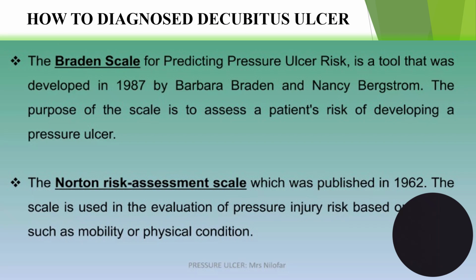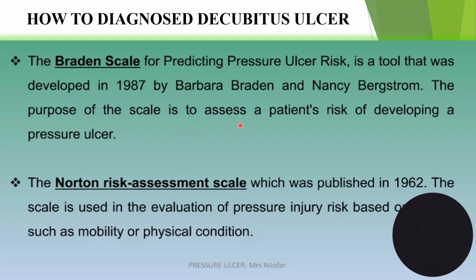When you move on to the diagnostic, we have two types of scales which easily diagnose the decubitus ulcer. One is the Braden scale, the other one is the Norton risk assessment scale. The Braden scale is for predicting pressure ulcer risk. It was developed in the year 1987 by Barbara Braden and Nancy Bergstrom.